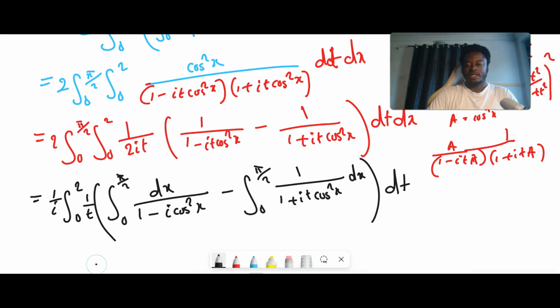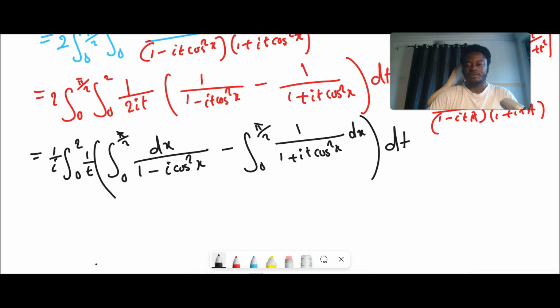Now this is the time where we can use Weierstrass substitution, because already here we have just a cosine squared. If we take u to be tan of x, then how do you express cosine squared in terms of tan squared?